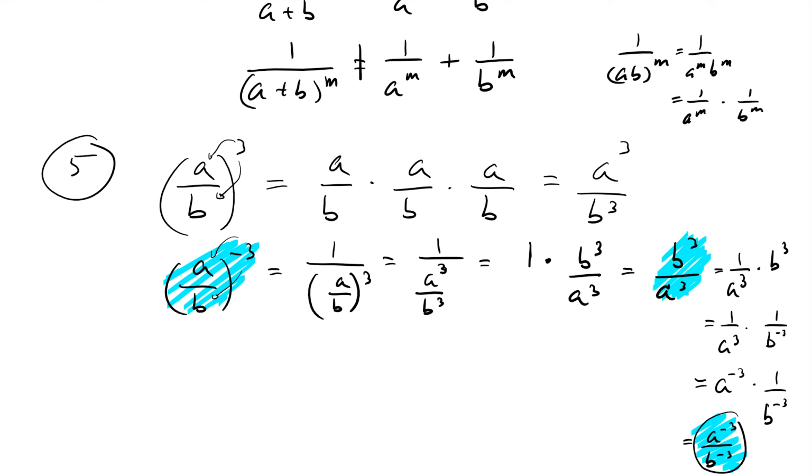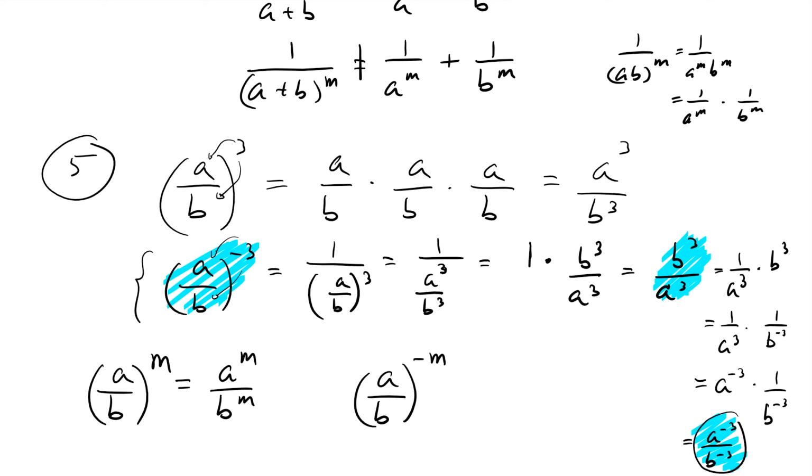So my rule has two parts. If I have a over b to the m, you can distribute the m independently of its sign. So you get this. But also what this example here shows us is that if I have a over b to a negative number, by looking at this, you can write it as b to the m over a to the n.